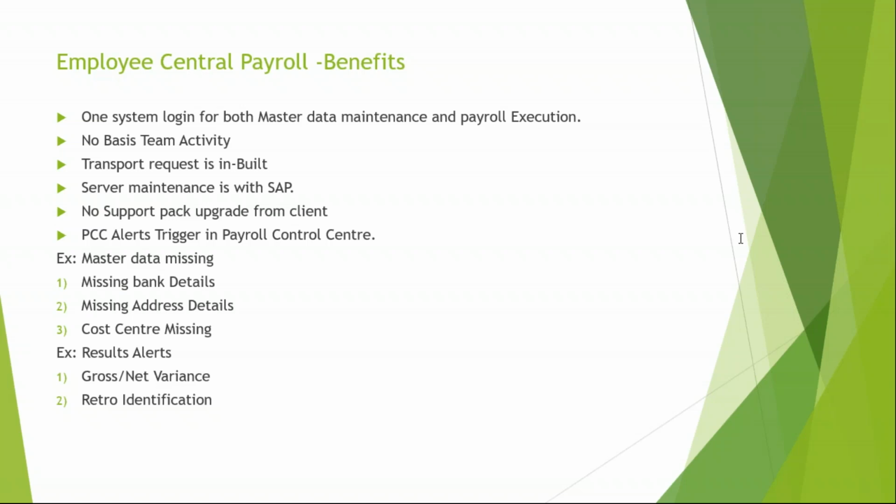Do you also cover the rules that are part of the payroll control center? Not PCR and schemas. In the S4 HANA or ECC version, there used to be some rules in PCC, which I have seen as part of the on-premise system.